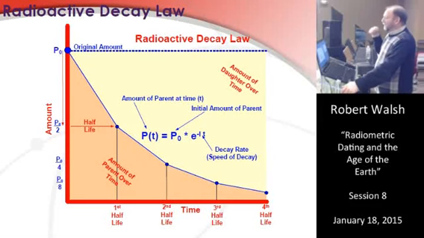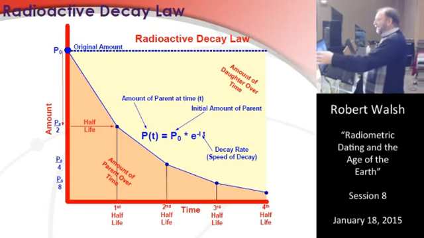From the time the clock starts ticking, it slowly decays until the first half-life, when you have half of the material left. So if you come down the vertical axis halfway and move over to the curve, that gives you the time it takes for half of the material to decay.